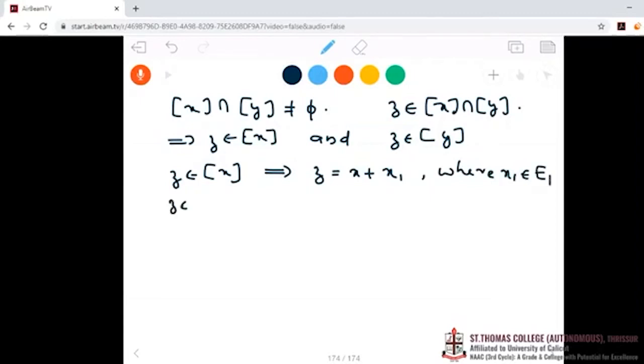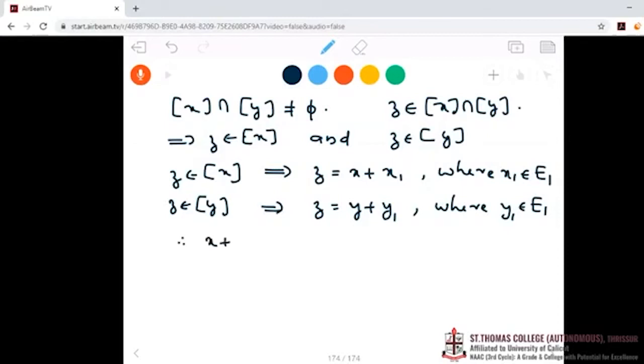Similarly, z in class y implies we can express z as y plus some y1, where this y1 is also an element of E1. Then both of them are z, so x plus x1 is the same as y plus y1, and this implies x minus y equals y1 minus x1.